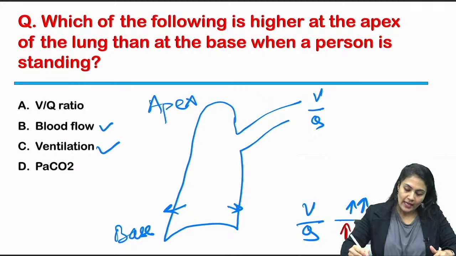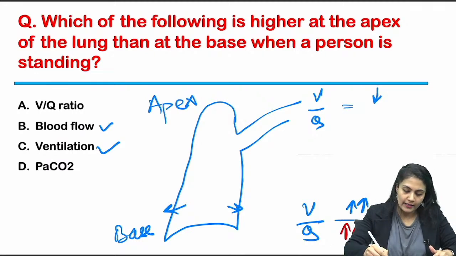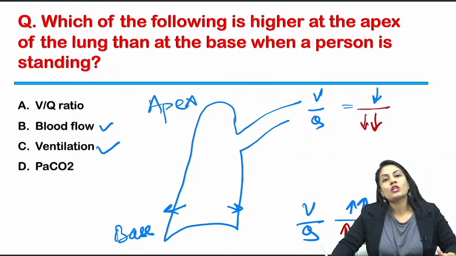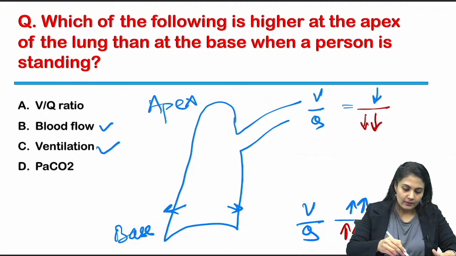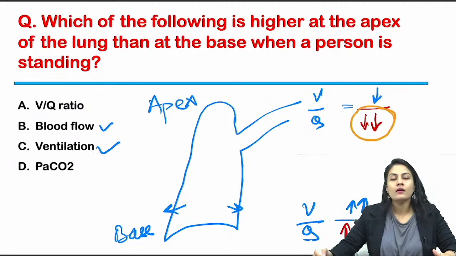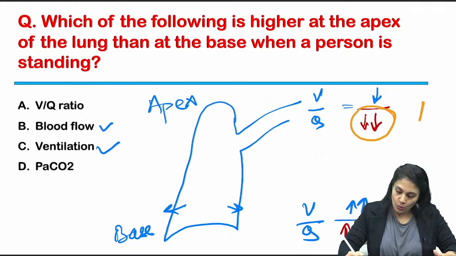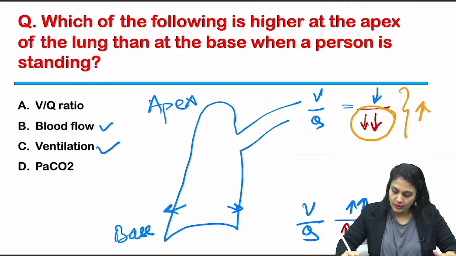In case of the apex, what is going to happen? The ventilation is less. Agree on that. But due to gravity, again, the Q is much, much lesser. So if you calculate the ratio over here, what is going to happen? Due to less denominator, the ratio will increase. The VQ ratio will increase at the apex, and at the base the ratio will decrease.